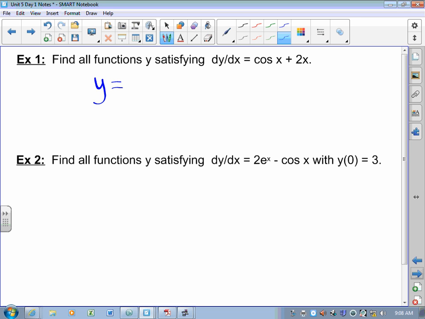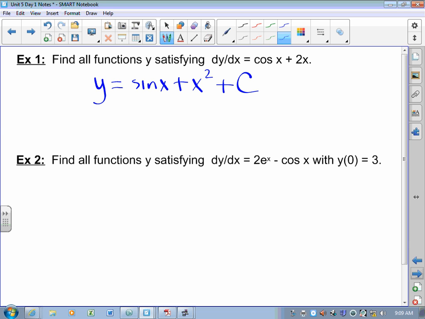Since we know that derivatives add nicely, we just find the thing whose derivative is cosine x and add it to the thing whose derivative is 2x, and then all of them differ by at most a constant. So you've got your dy dx. You can back up the truck. It's not hard to do.